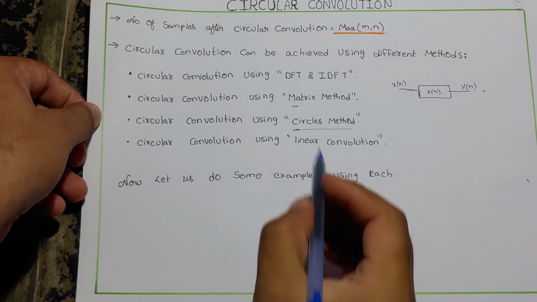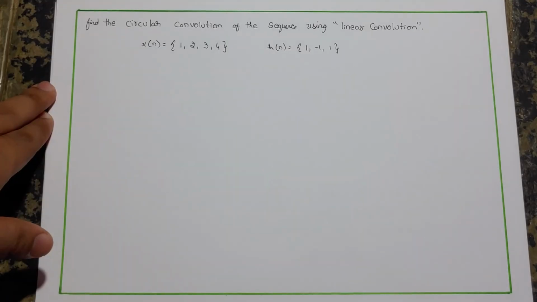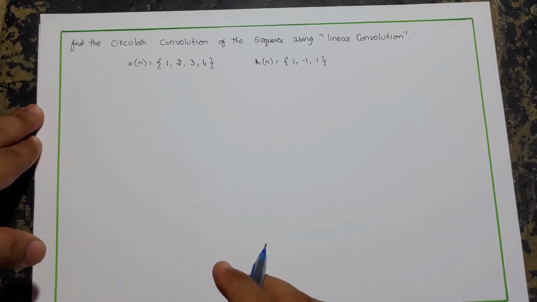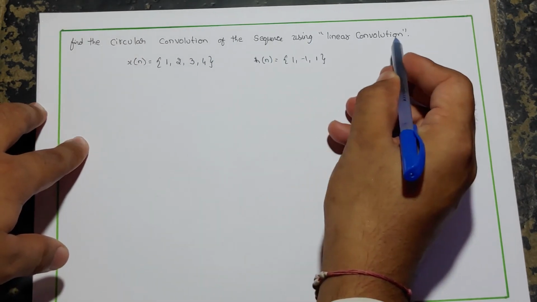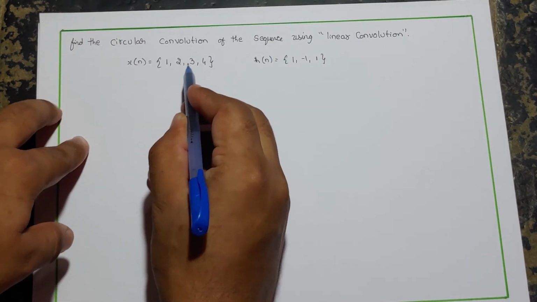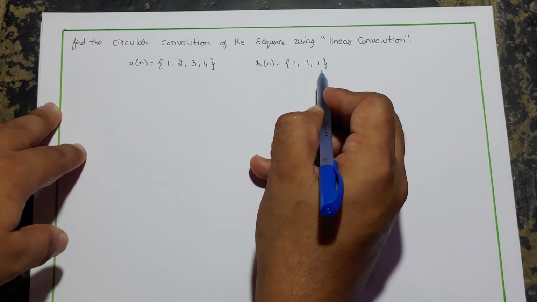Let us do a last example using the linear convolution method, which is very easy. Here the given sequence is: find the circular convolution of the sequence using the linear convolution. x of n is equal to 1, 2, 3, 4 and h of n is 1, minus 1 and 1.